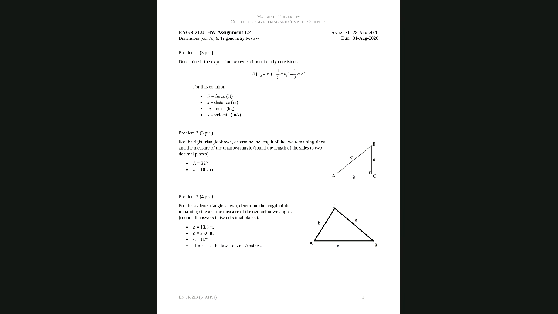In other words, is what you get on the left-hand side of the equation the same unit expression that you would get on the right-hand side of the equation? So for either side of the equation, I want you to plug and chug those units and perform that dimensional analysis to see if you get the same thing on the left that you do on the right. I won't tell you the answer, but if you do that appropriately, you will.